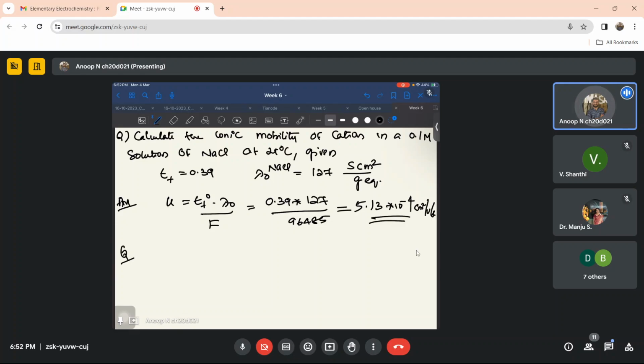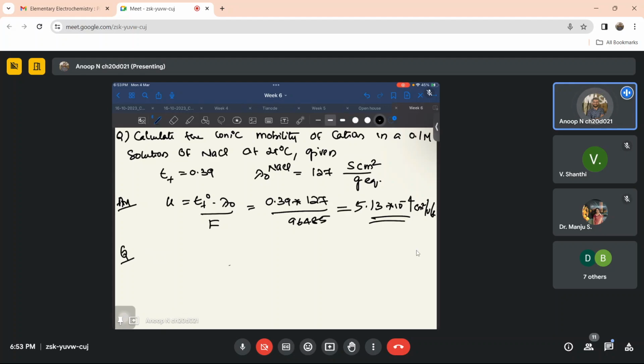Because here current is ampere, resistance is ohm, so V equal to IR, right? Coulomb is nothing but ampere second. So this is volt, this is ampere, this is ohm. If you cross relate these things, you reach the unit of centimeter squared per volt per second. That's it. So what's the next question?